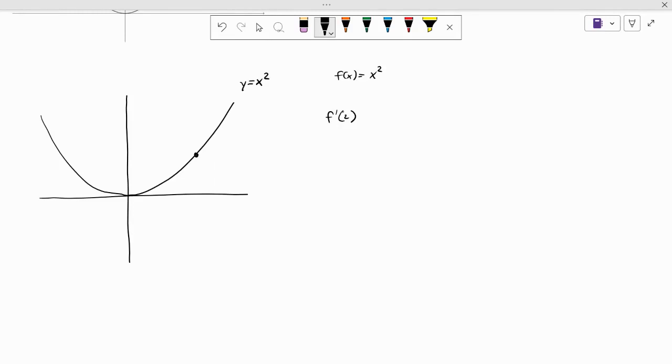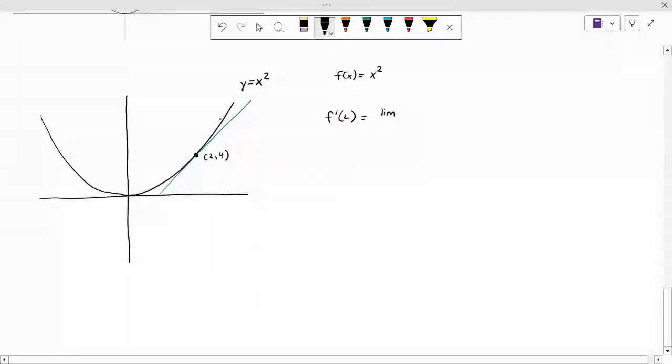So again, it's not to scale. So this would be the point 2 on the graph, right? It's 2 and 4. And you want to find the slope of this tangent line. So it's a line that just grazes the graph. And so we know that the derivative is defined as a limit, as h goes to 0, right?